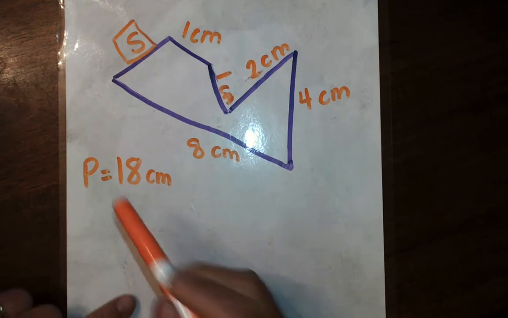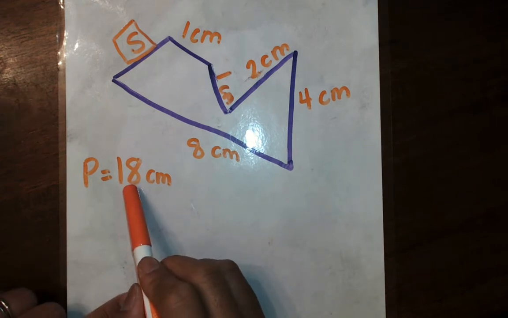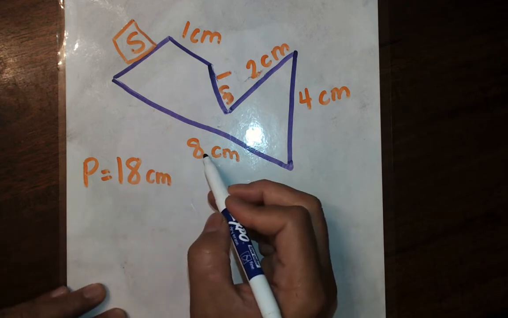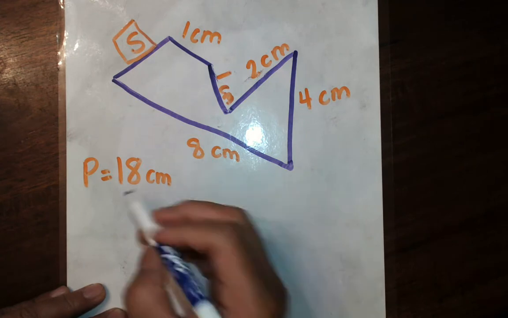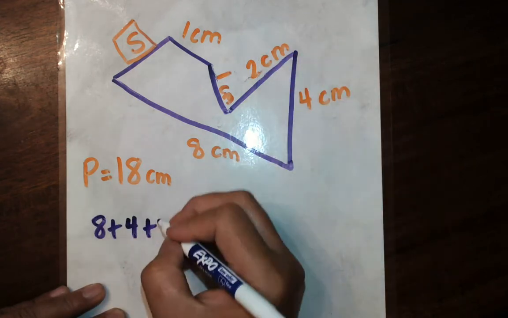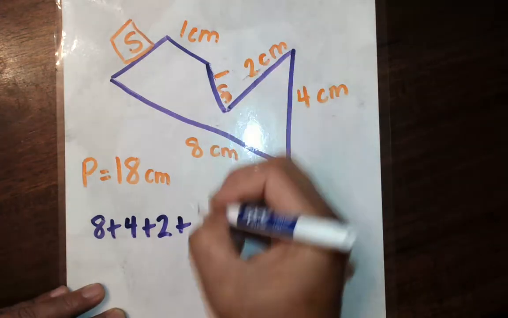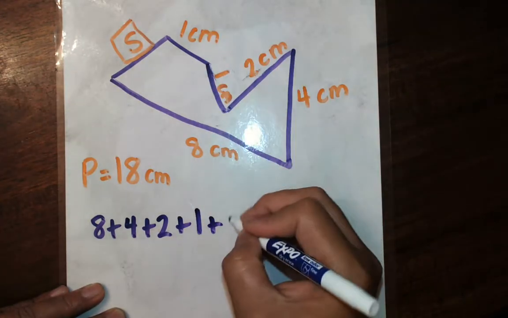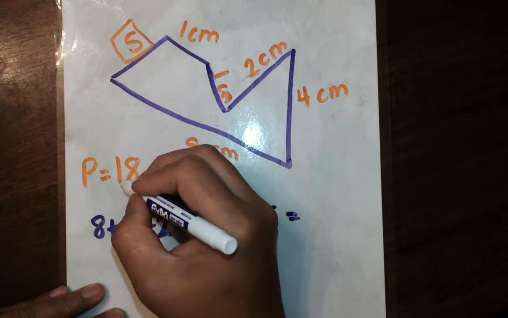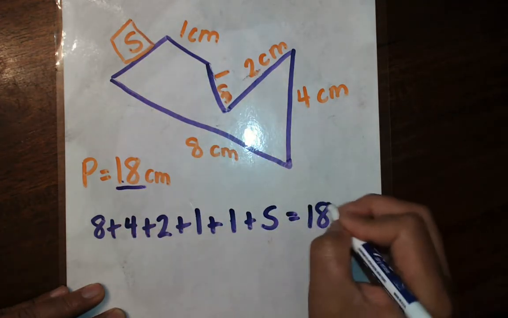Remember, we have a perimeter of 18 centimeters. Remember, perimeter just means I'm going to add up all my sides. So let's add 8 plus 4 plus 2 plus 1 plus 1 plus whatever S is, and that equals 18 centimeters.